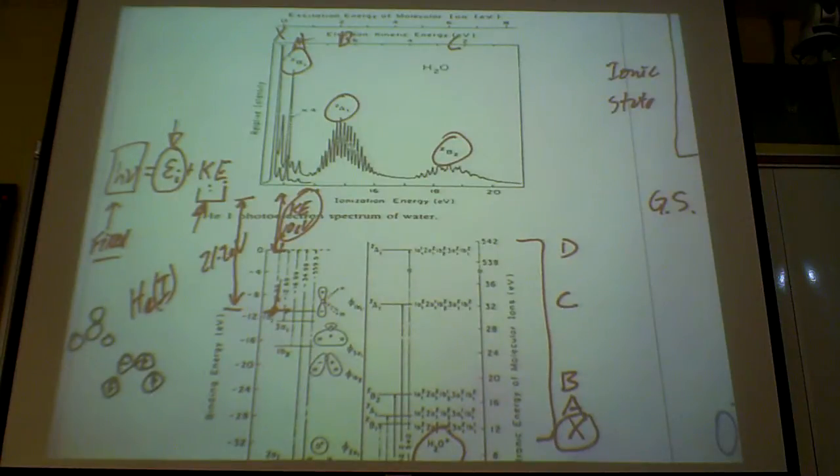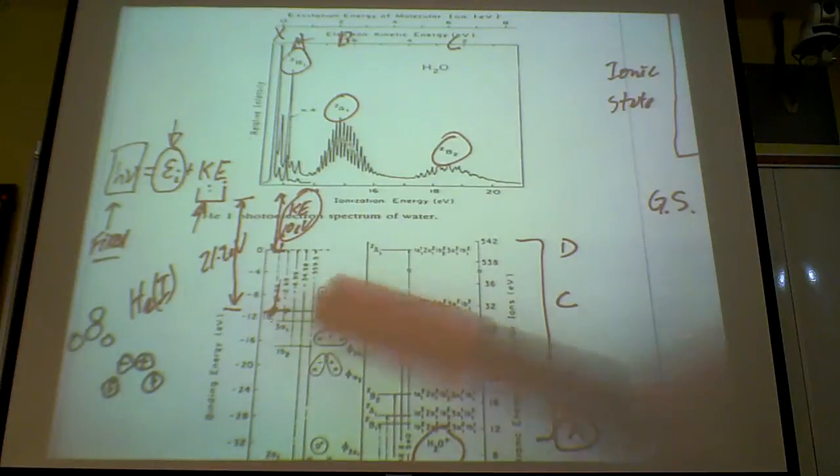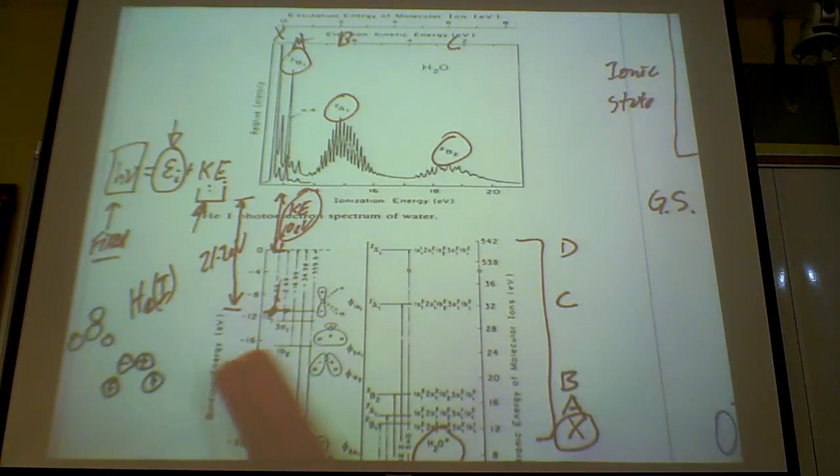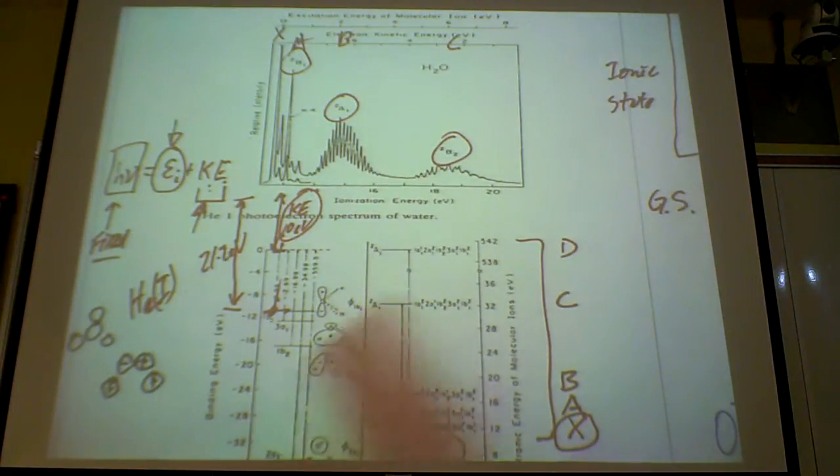Okay, that's the basic idea, and then you can keep going down, up to about, let's say, the 1b2 orbital.